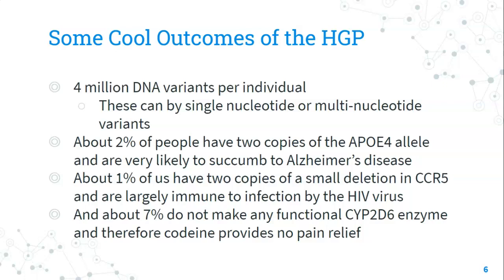And about 7% of the world don't have a functional CYP2D6 enzyme, which makes it so that codeine has no pain relief. So if you were going in for surgery and you were going to have codeine to limit the pain, about 7% of the world, that would have no effect on them.